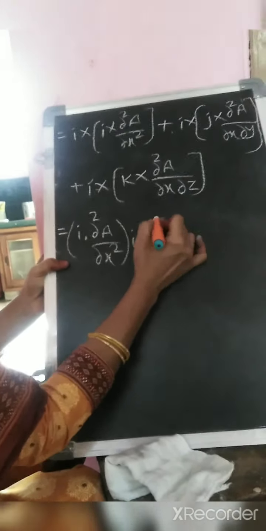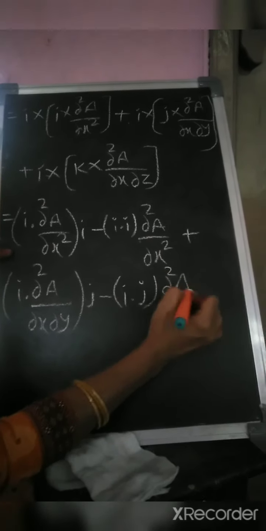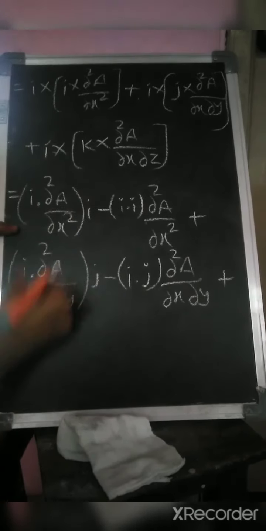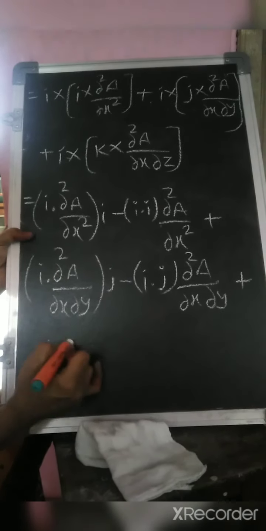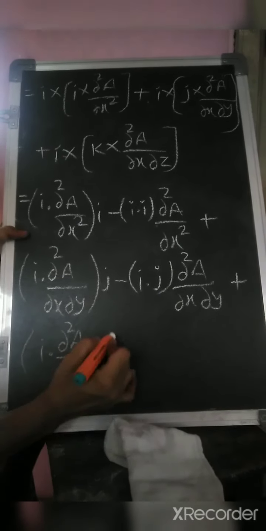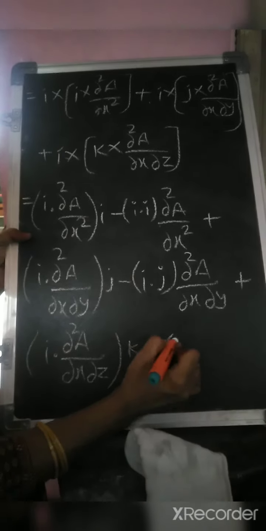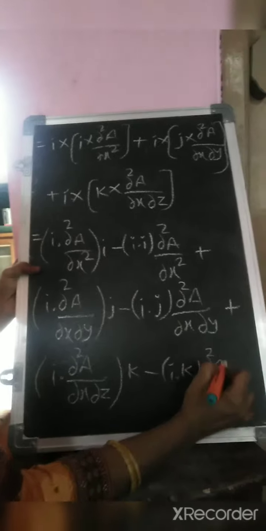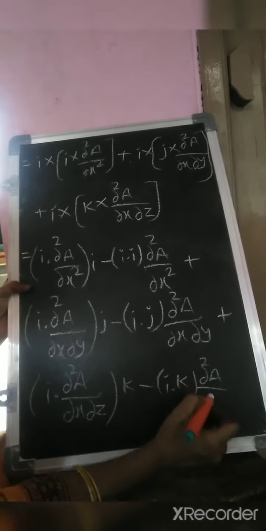So for these terms, this is equal to i dot ∂²A/∂x² into i minus i dot i into ∂²A/∂x². So i dot i value is here 1. So plus next i dot ∂²A/∂x∂y into j minus i dot j into ∂²A/∂x∂y, here i dot j value is 0.